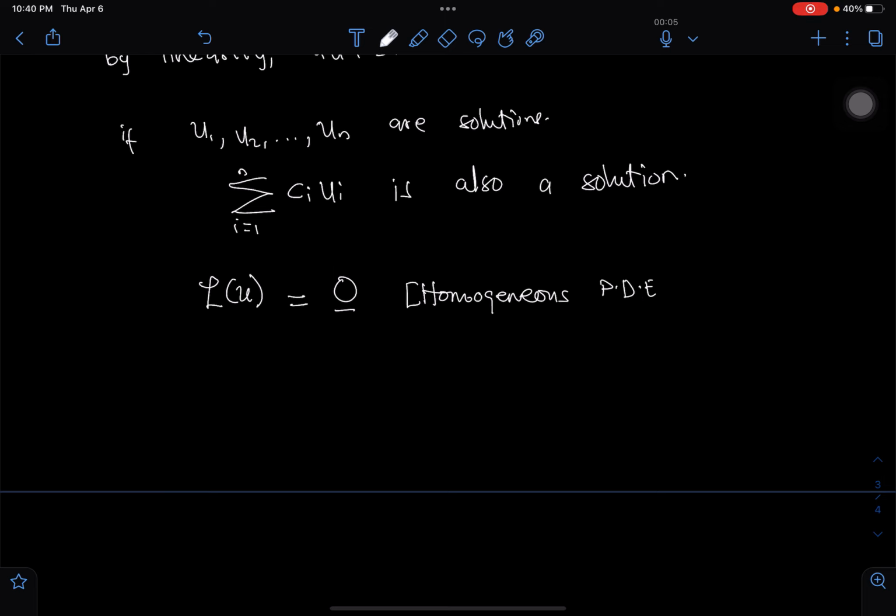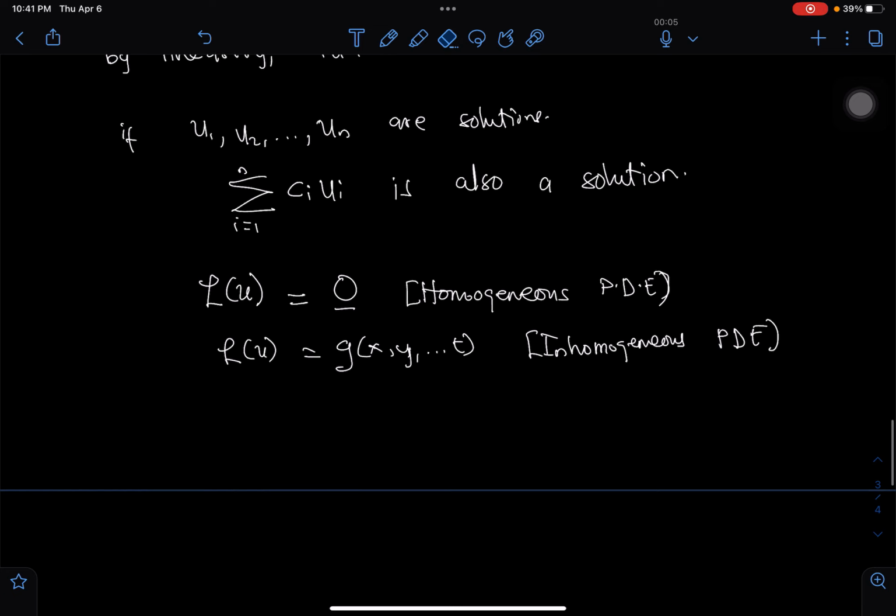However, if L u is equal to some g, maybe of x, y, t, it doesn't matter however it looks, then we have an inhomogeneous PDE.